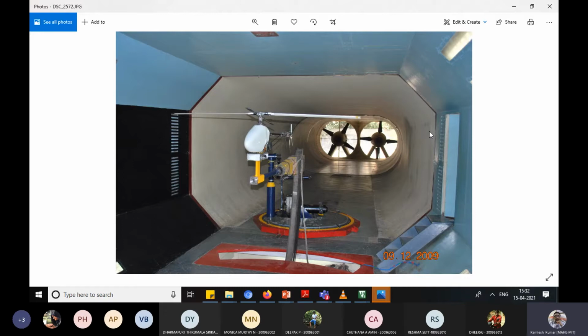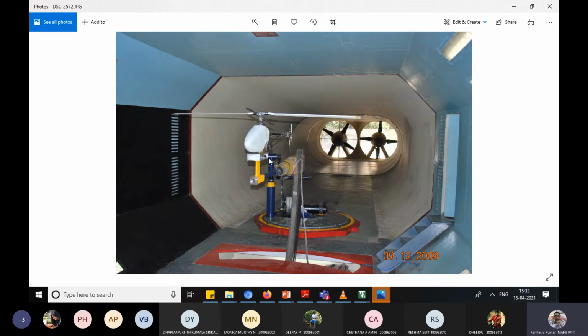Then you will measure the density also. Some sensors will be there, temperature sensors, then pressure variations. Lots of sensors will be integrated to monitor the wind tunnel environment itself.